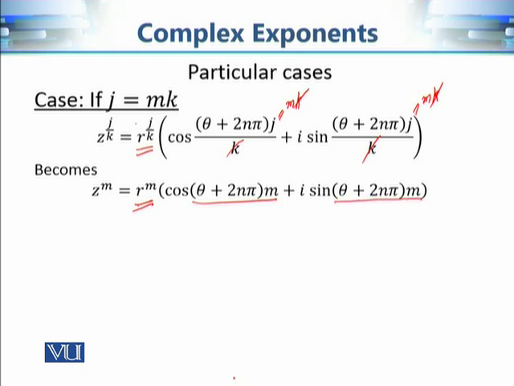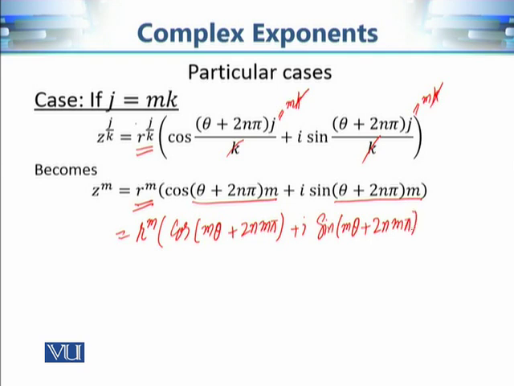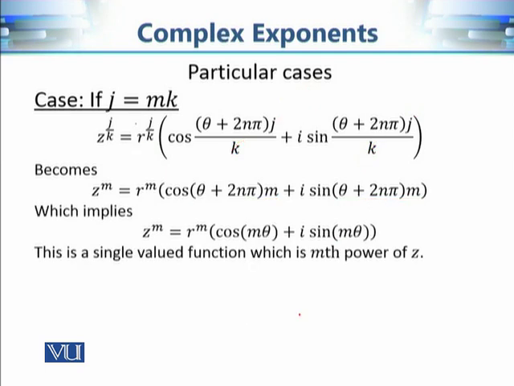Now as we know that cosine and sine are periodic functions of period 2 pi, we can write down this expression in the following way: cosine of m theta plus 2 n m pi plus iota sine of m theta plus 2 n m pi. And we can just ignore this term because sine and cosine are periodic with period 2 pi.